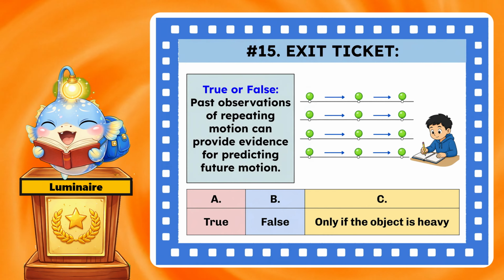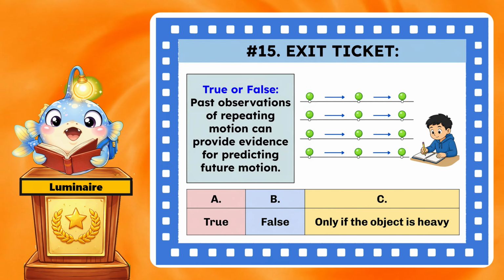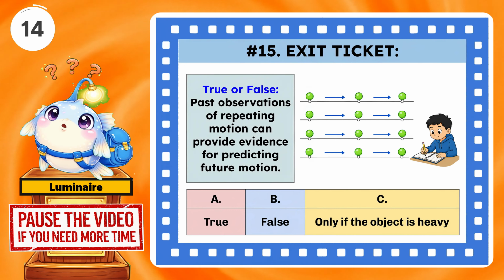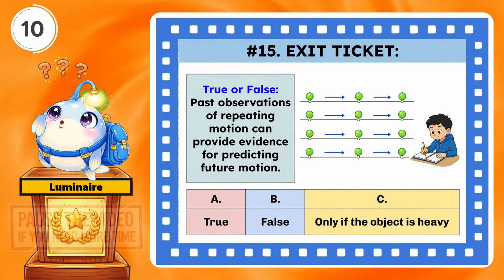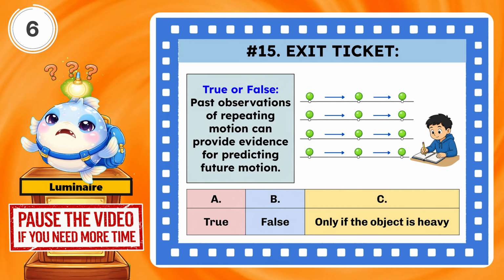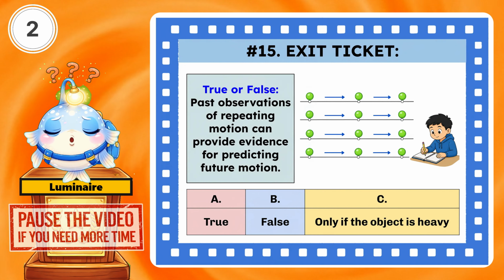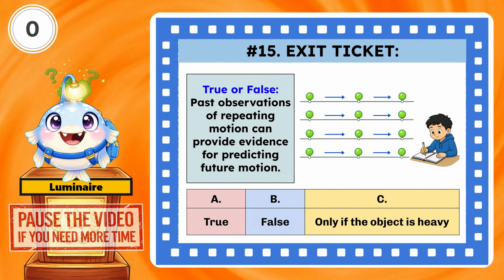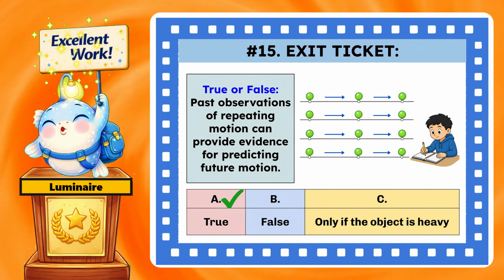True or false? Past observations of repeating motion can provide evidence for predicting future motion. And the correct answer is letter A, true.